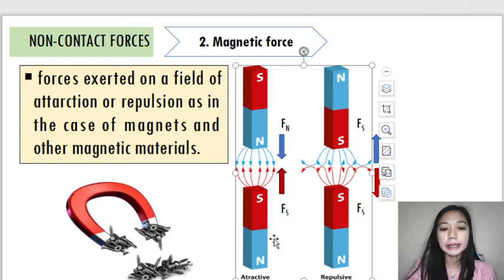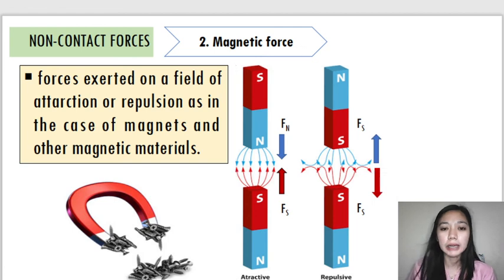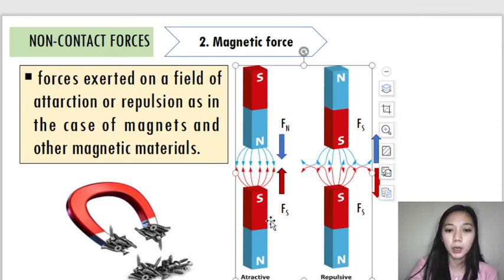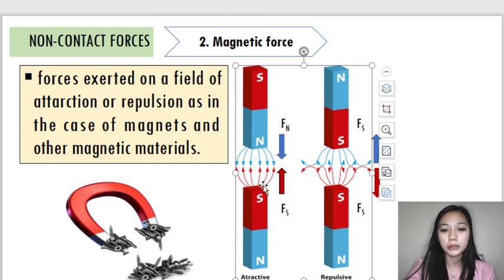Dito, tandaan natin that magnets have poles. Meron tayong south pole and north pole. Ngayon, opposite poles attract and like poles repel. Tandaan natin. So, in this example, meron tayong north pole and meron tayong south pole. So, without physical contact, this north pole and south pole will be attracted to one another. At ang meron sila ay magnetic force.